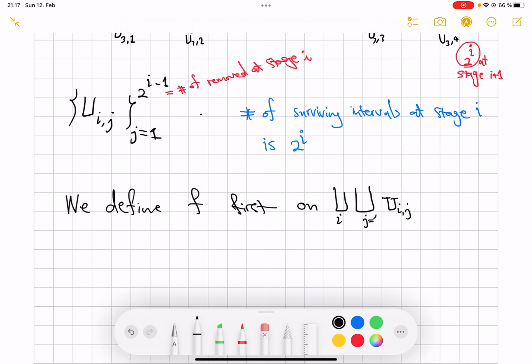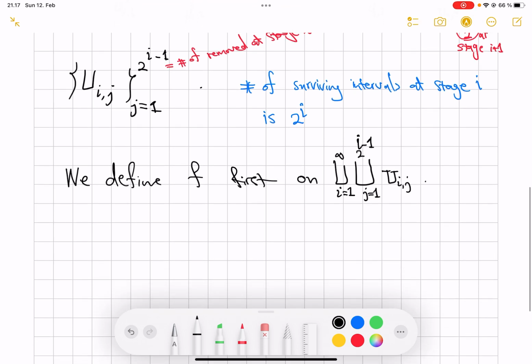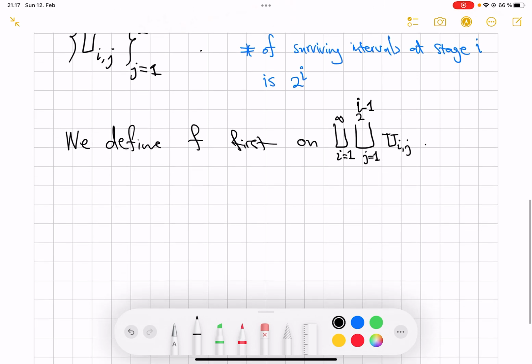Of course, j goes from 1 to 2^(i-1), and i can go from 1 to infinity. So initially, my function is not defined on the points of the Cantor set, but on the complement of the Cantor set, on this union.